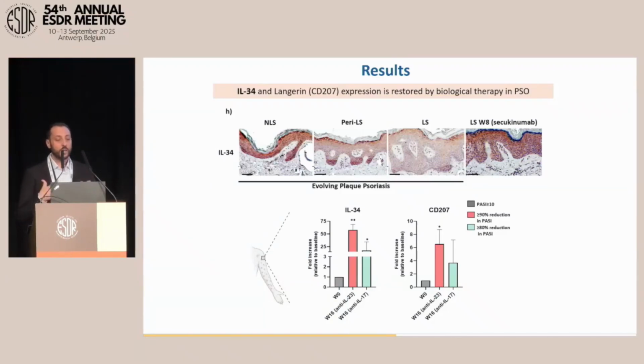So IL-34 can be a potential negative marker related to the progression of the disease that can appear after 8 weeks of secukinumab therapy, but thanks to its properties it can also restore the repopulated Langerhans cells in the epidermis. This was also possible in patients who reach an 80% reduction in PASI score with respect to the baseline.